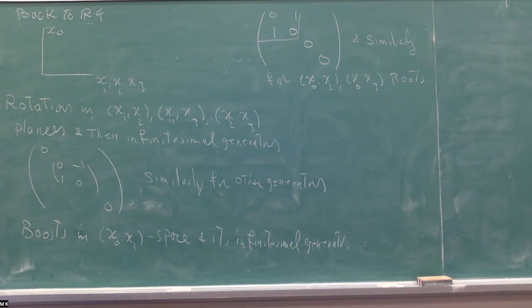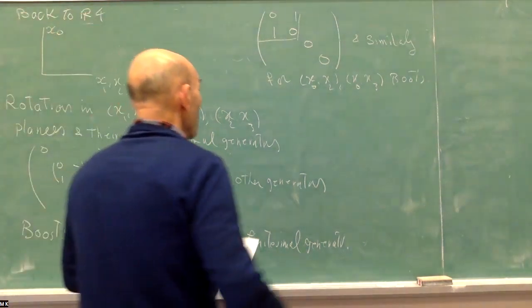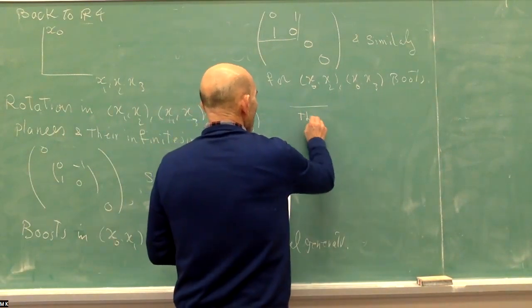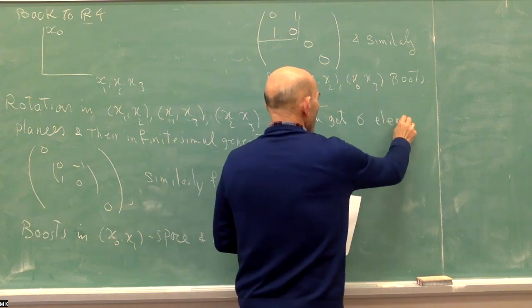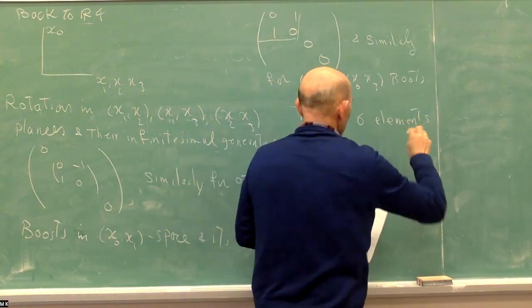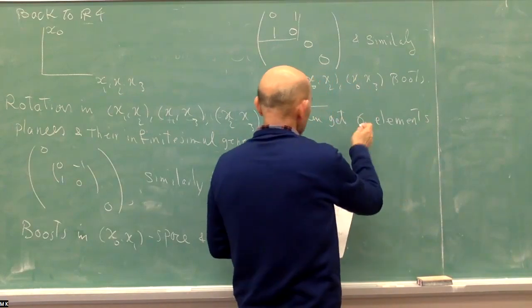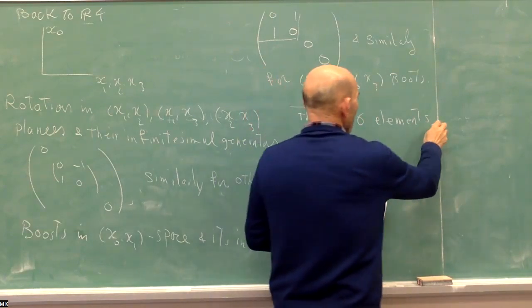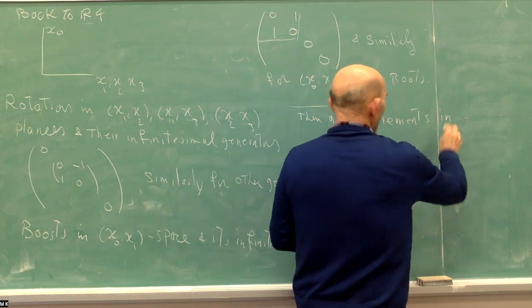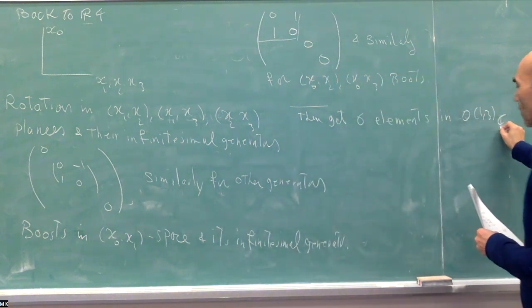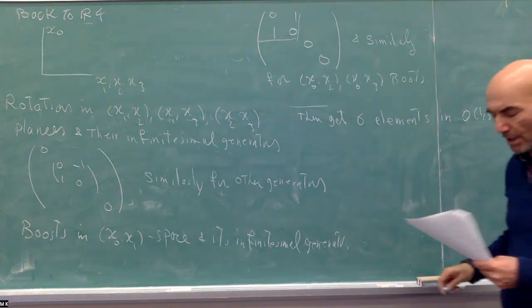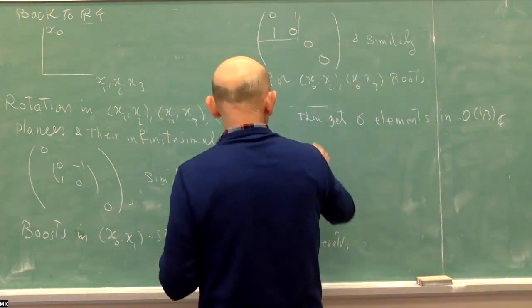All right, so then we get 6 elements. Again, we call them boosts and rotations, but they are not quite the same. But they are up to i. Then we get 6 elements in O(1,3) complexified, the complexified Lie algebra, as follows.